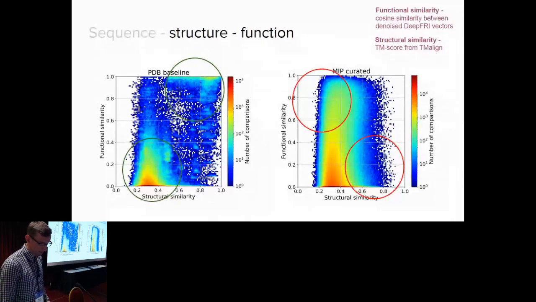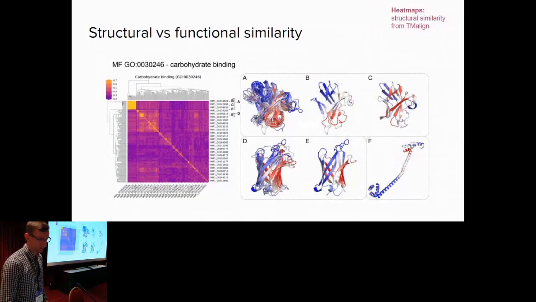But in our analysis, we focus on something different, something opposite: we wanted to analyze structures which are very similar structurally but very different functionally, and reversely, structures that are very different but represent similar functions. Let me show you some examples.